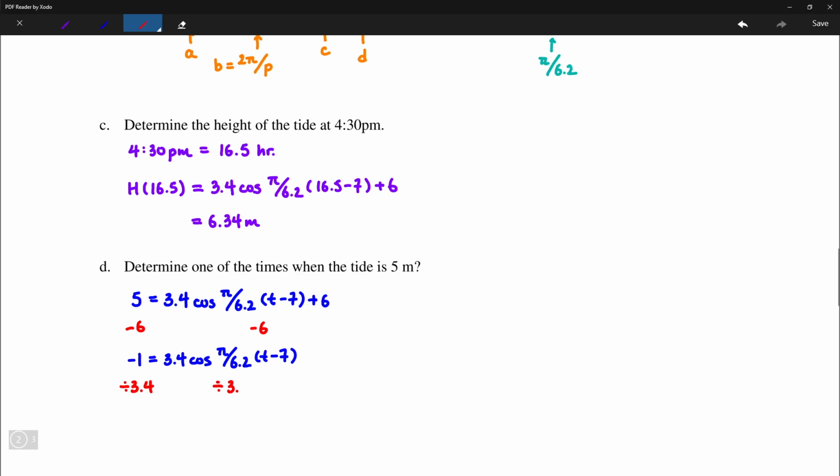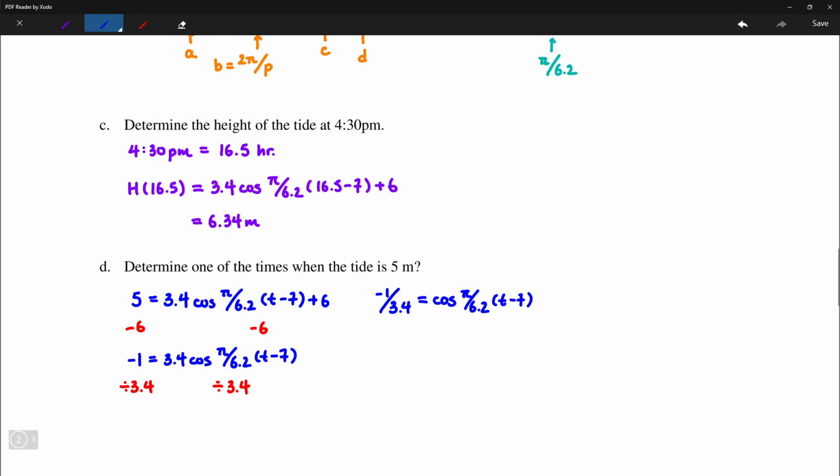Right, so just like any other trigonometric equation, we are trying to get the trig ratio to equal to some number. So in this case, on the left-hand side, we'll have -1 over 3.4, and that's going to be equal to cosine pi over 6.2, and then t minus 7.